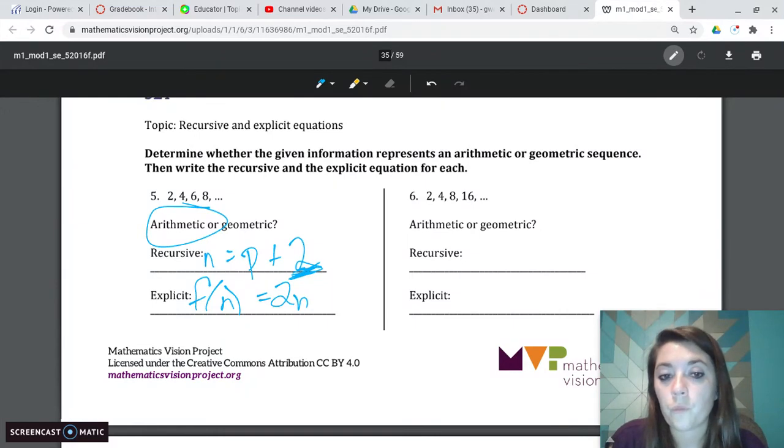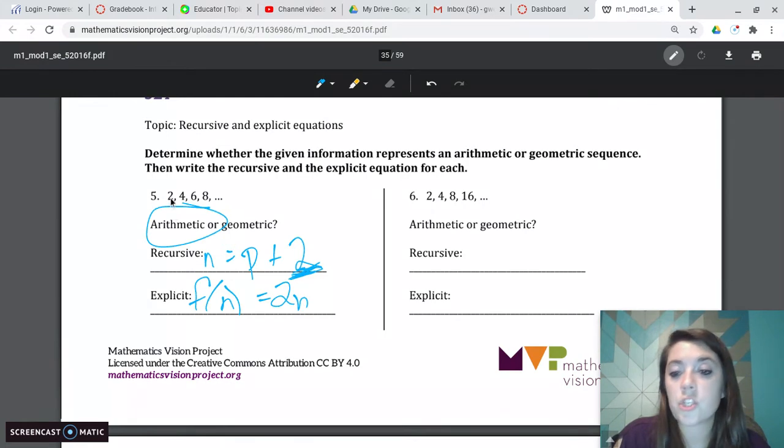Now, we can't just leave it there. In some cases, that might end up being what the equation looks like, but we always have to double check. So in our sequence, the 2 represents our first term. Each term we move up, we are adding 2.